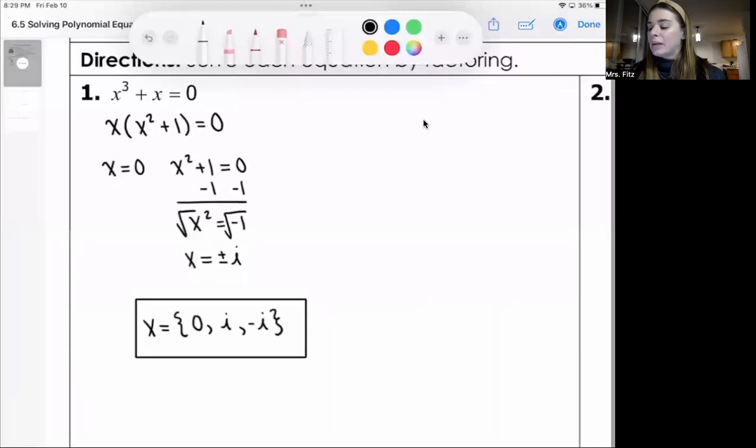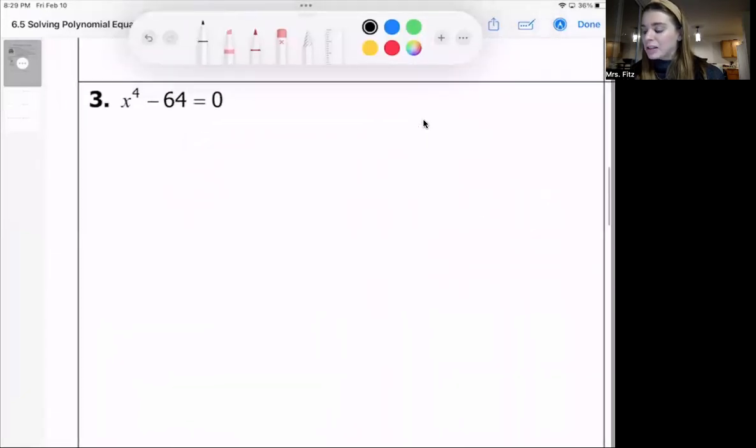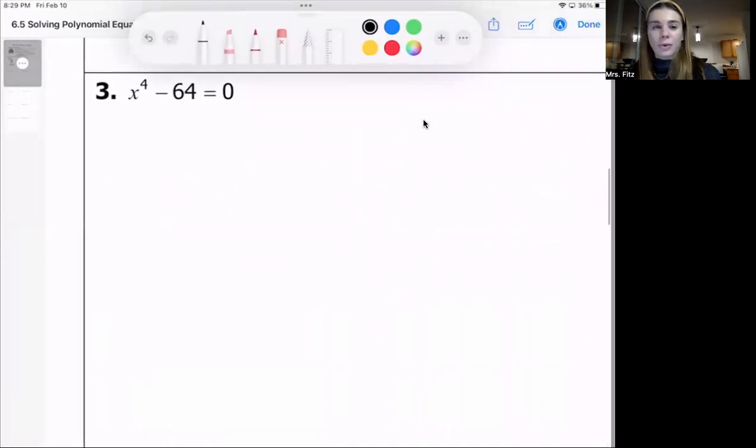All right, let's go ahead and move on to number 3. We have x to the 4th minus 64 is equal to 0. I'm noticing this is a binomial, and I think we can do difference of squares here. So we can rewrite x to the 4th as x squared, squared. Minus 64 we can rewrite as 8 squared, equals 0.